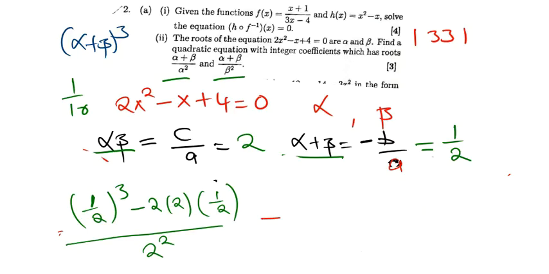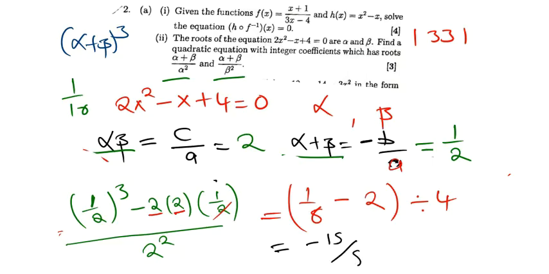Well, this is equivalent to 1 over 8 minus 2 times 2 is 4. 4 divided by 2 is 2 over 4. Now if you subtract 1 over 8 minus 2, 8 times 2 is negative 16. So 1 minus 16 is just negative 15 over 8. Divided by 4 is as good as multiplying by 1 over 4. Then 4 times 8 is 32. So we have something like negative 15 over 32.